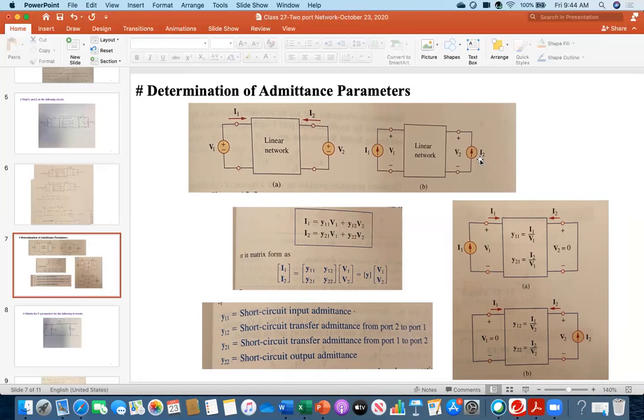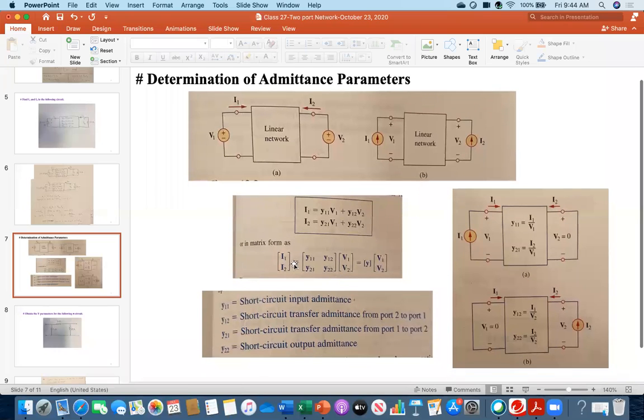Similarly, I2 is Y21 multiplied by V1 plus Y22 V2. Then again, you can express this in terms of a matrix: I1, I2, and then those four parameters Y11, Y12, Y21, Y22, and then V1, V2, briefly the Y matrix or the admittance matrix.